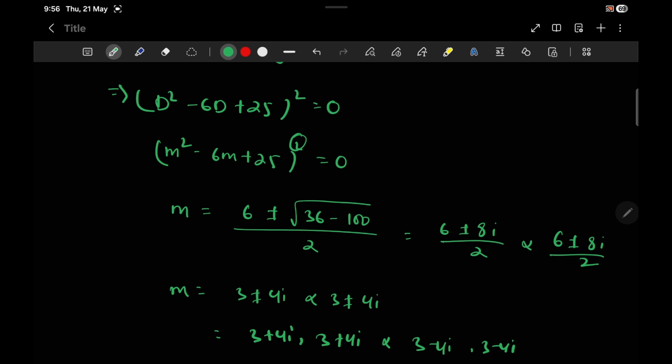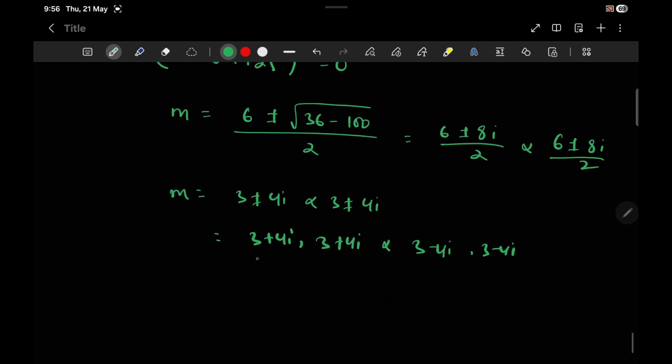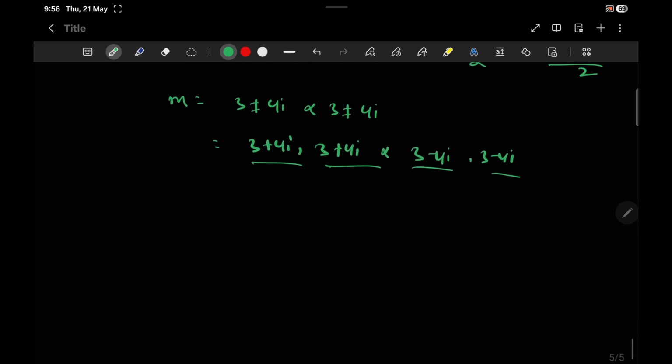As the power of the auxiliary equation is 4, since 2 and 2 are multiplied, we have 4 roots. These two roots are equal and these two roots are equal.